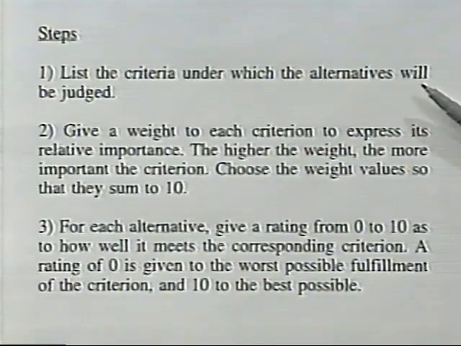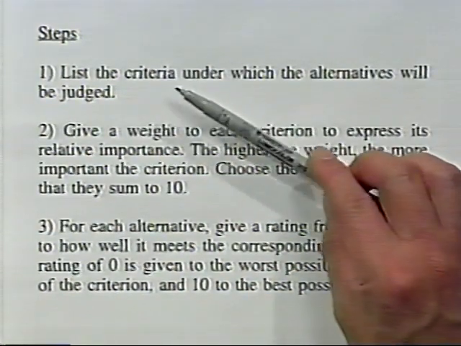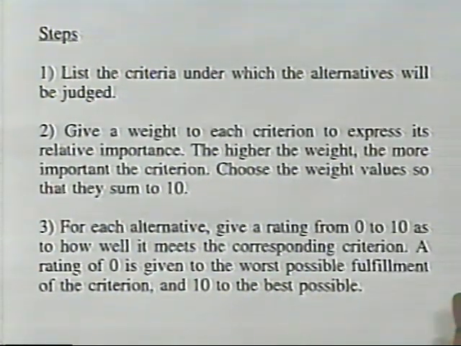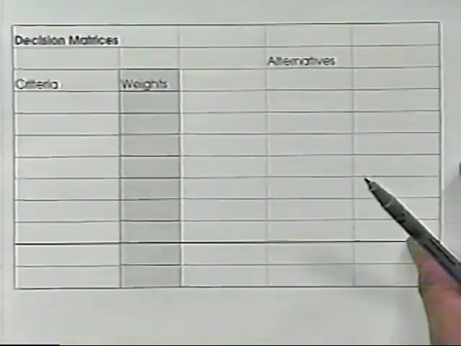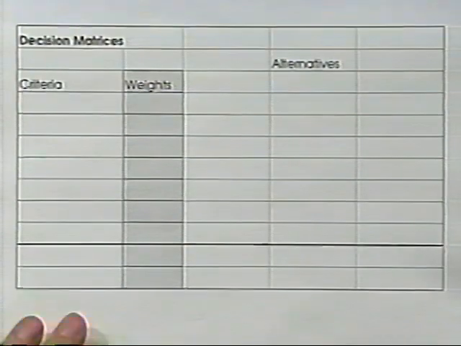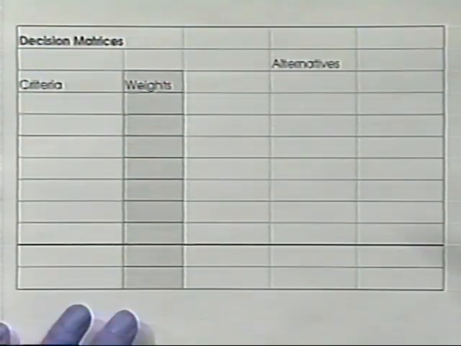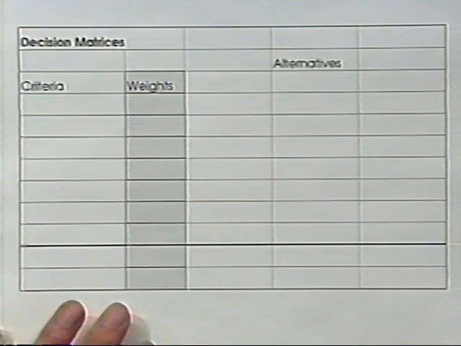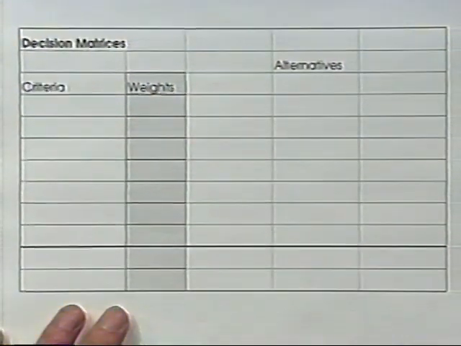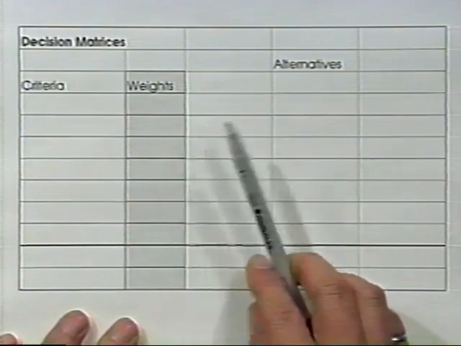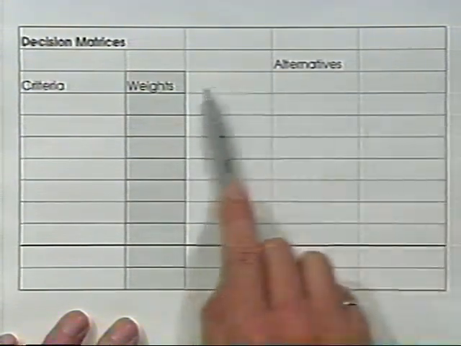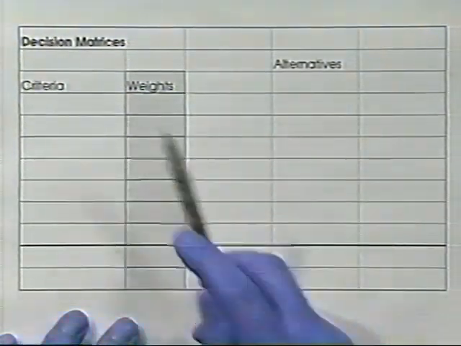So the first step in any problem is to list the criteria under which the alternatives will be judged. Now I have a little chart here, and I actually did this chart in Excel, a spreadsheet program. And spreadsheets are often the easiest way to develop these decision matrices because they can save you quite a bit of computational labor. You can see I have the chart set up with alternatives as columns and criteria as rows.